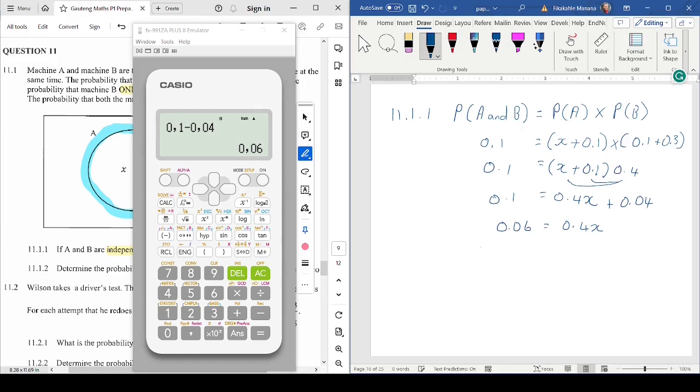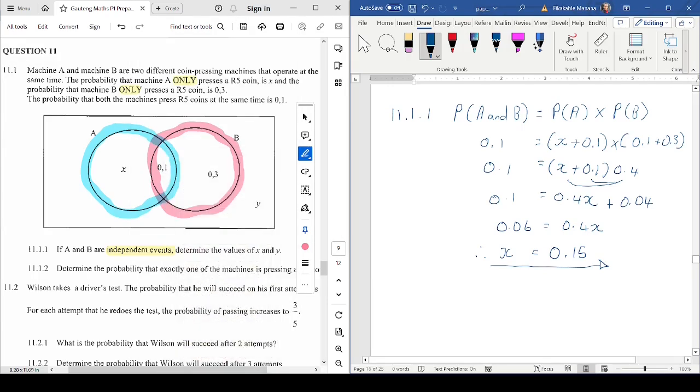And then what is x? Therefore, x is equal to 0.06 divided by 0.4. Let's see what we get. I'm just going to say 0.06 divided by 0.4. And then what do we get? We get that x is 0.15. Now we have just solved for x, but remember the question said solve for y as well.